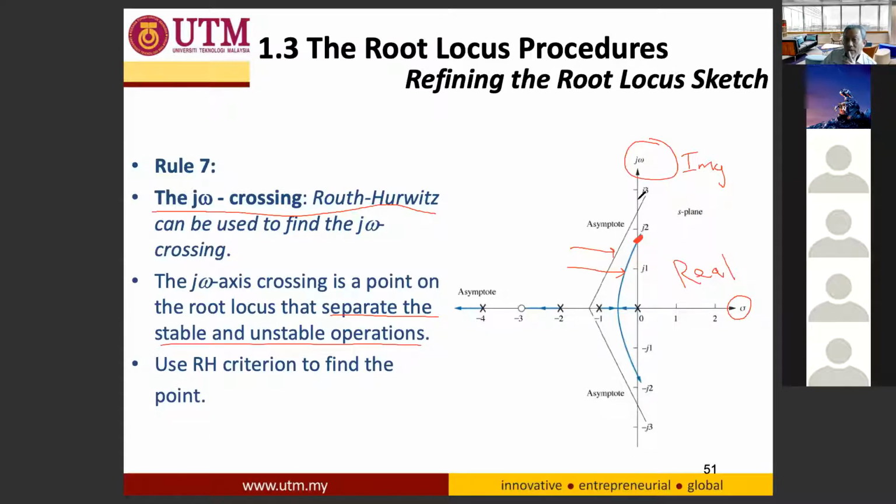As we know, the left half plane is the stable part, the right half plane is unstable, and on top of the imaginary axis is the marginal or critical.